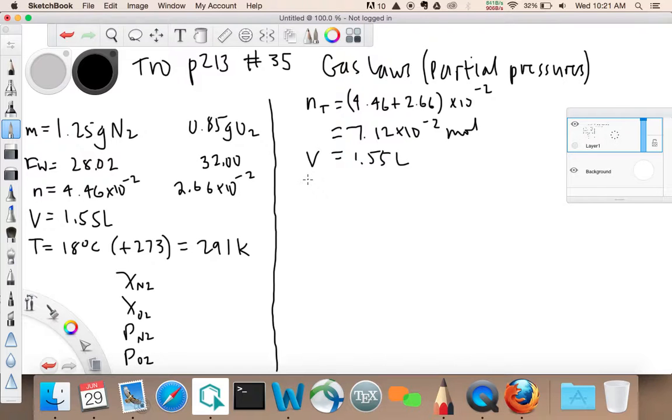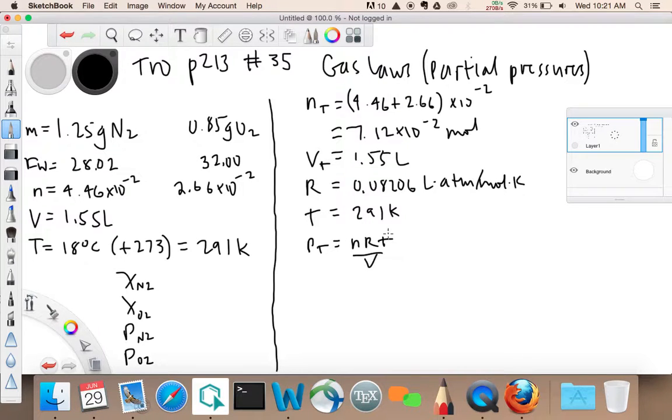What is R? It's 0.08206 liter atmospheres per mole Kelvin. What is T? 291 kelvins.